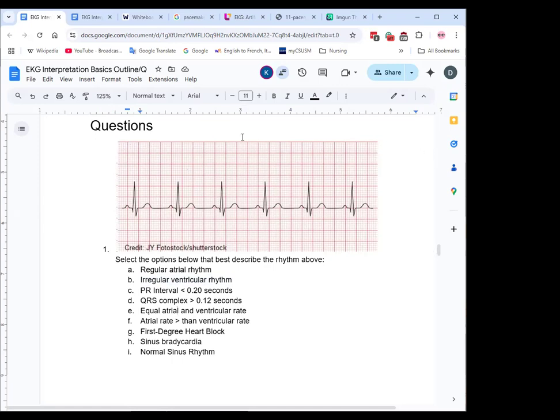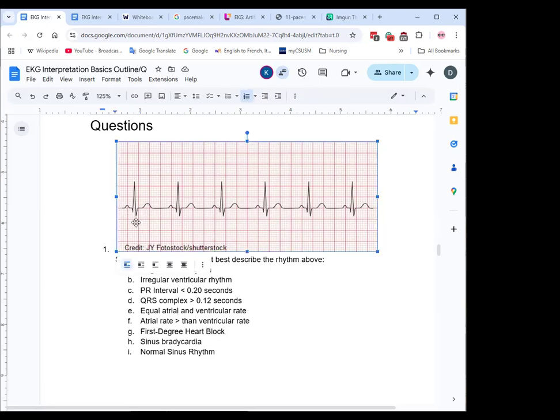It is. So in that case, we could do the easy way, which is just 1, 2, 3, 4, 5, 6. So this is 6 times 10. We can go ahead and look at the PR interval. It's kind of hard to see, but this is definitely less than 3 to 5 boxes, so it's definitely less than a large box.